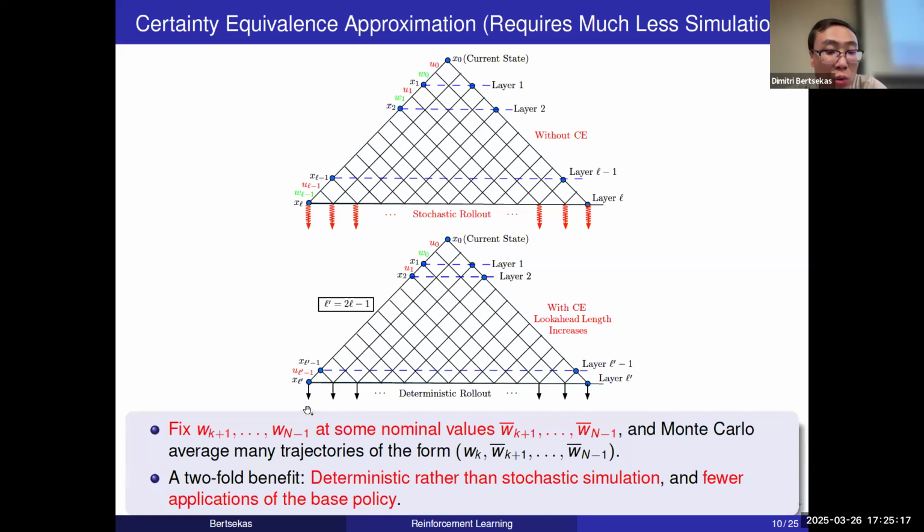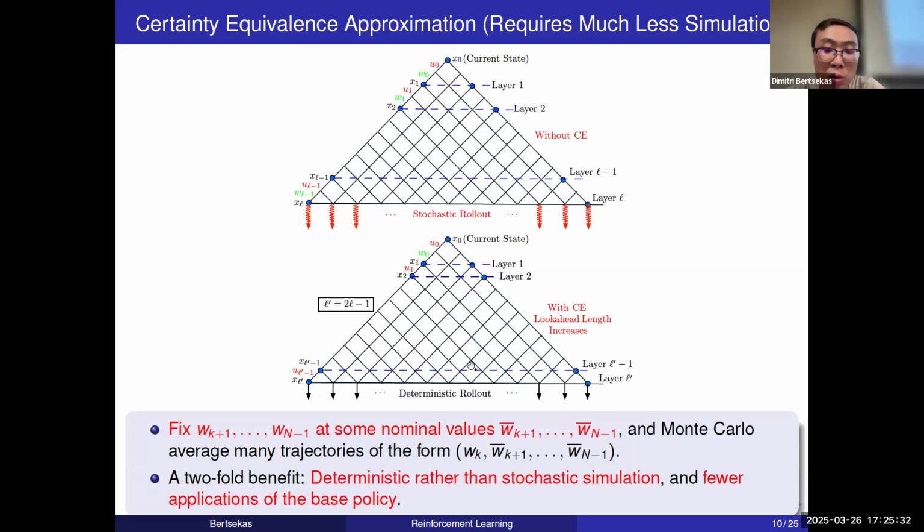Here, we run one trajectory because we fix the value of the random quantity to its nominal value. So it's deterministic simulation rather than stochastic simulation.